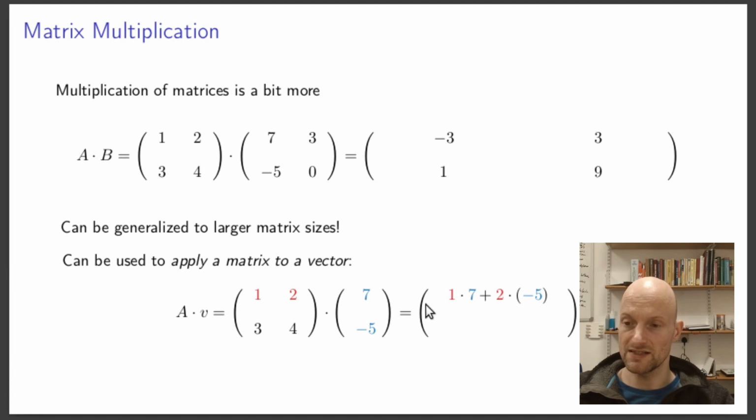We get this 7 multiplied with this 1, plus this 2 multiplied with this minus 5, giving us minus 3. Then we go to the second row, so we need to use these numbers, 3 and 4, and multiply them with 7 and minus 5 respectively, and we get 3 times 7 plus 4 times minus 5, and as before, we get the number 1.